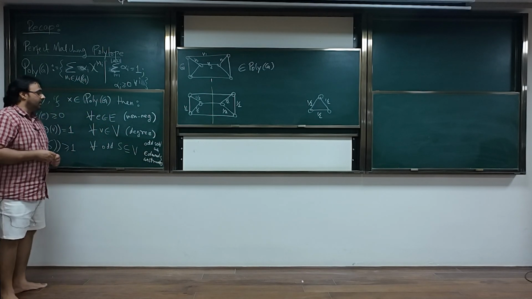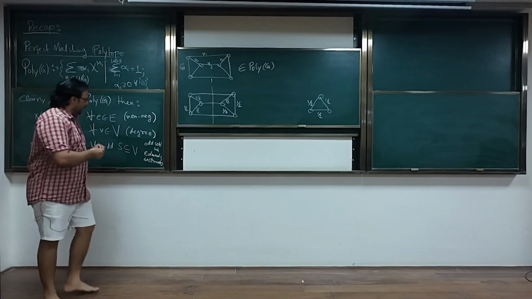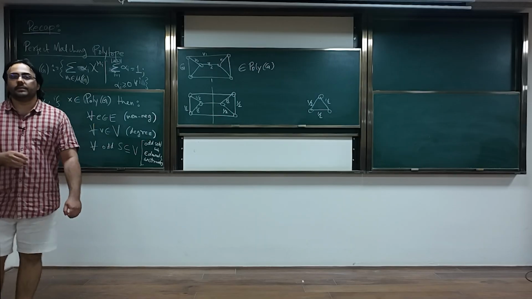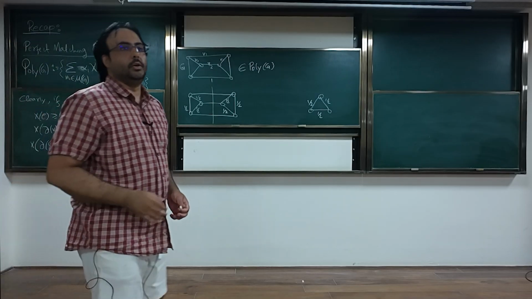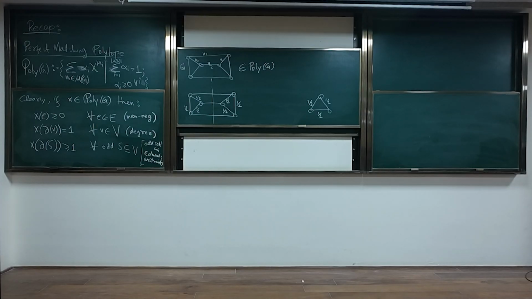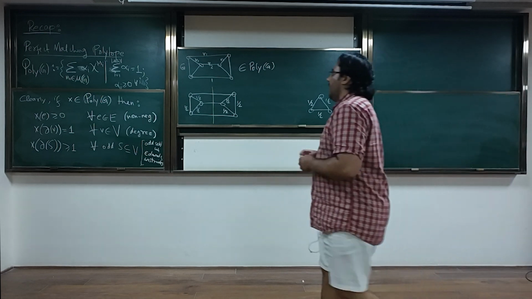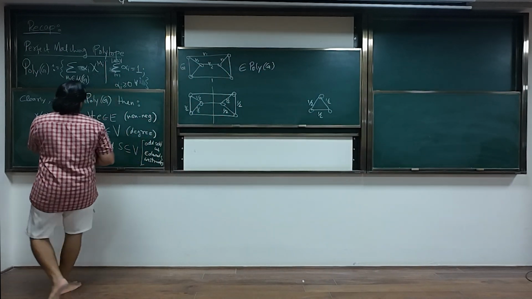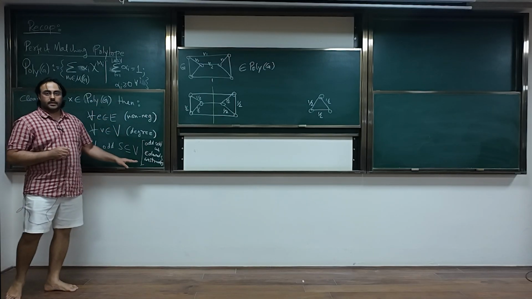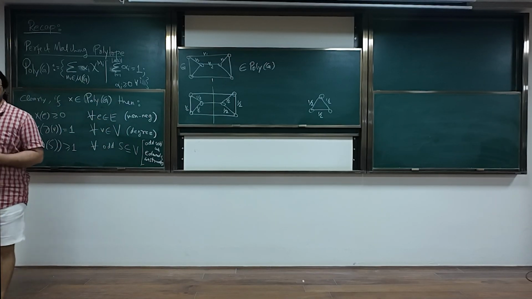Edmonds proved that if you include the odd set constraints, then actually you have the entire perfect matching polytope completely characterized. In other words, a vector in R^E belongs to the polytope if and only if it satisfies this set of constraints.